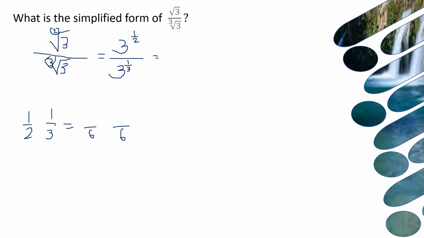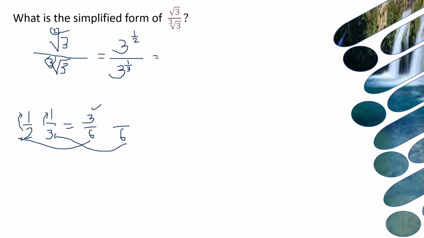Now transform 1 half such that the new denominator is 6. So that's 3 over 6. Or you can simply divide 6 by 2, and that is 3, then multiply it to 1. So 3 times 1, so that's 3 here. Next, 6 divided by 3 is 2. Then multiply it to the numerator 1.